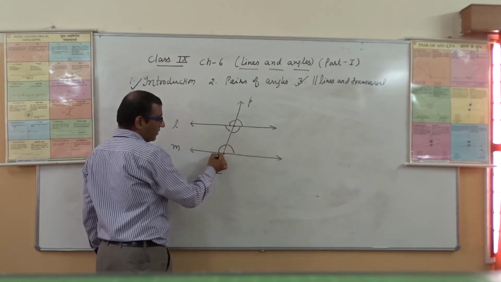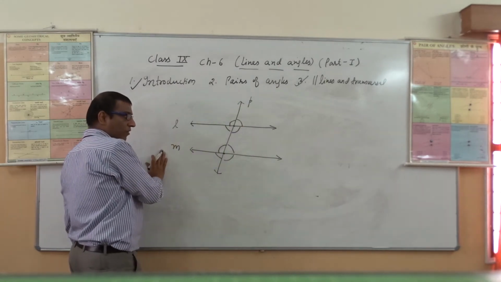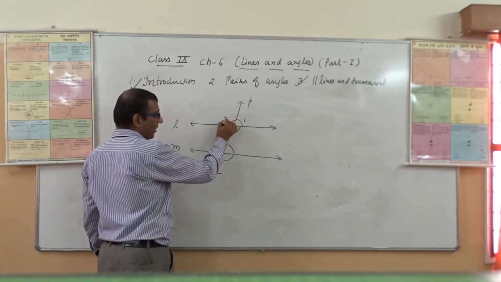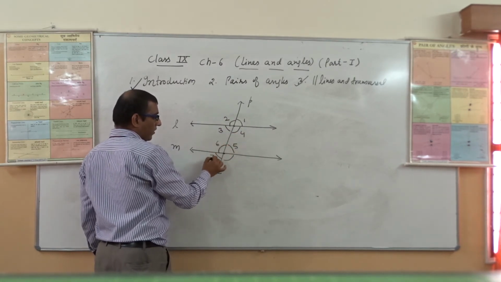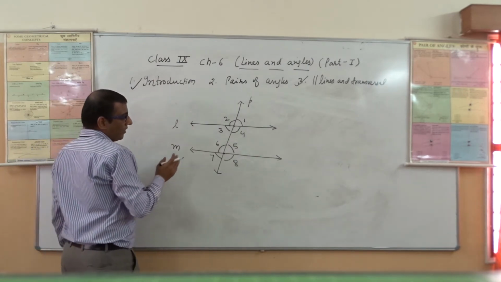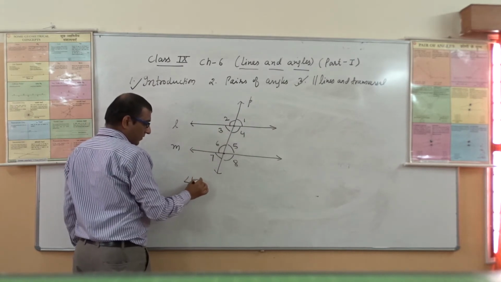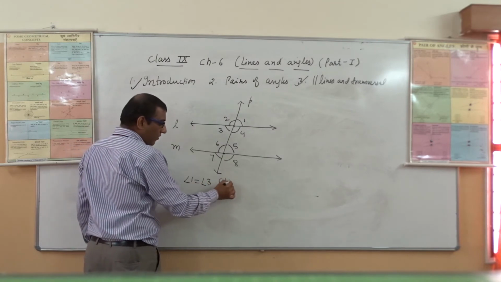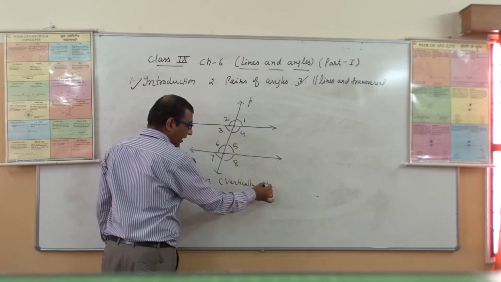As you see here, this transversal line P intersects L and M, which are already parallel, at these 2 points, and we can say this is angle 1, 2, 3, 4, 5, 6, 7 and 8. So we can say angle 1 and angle 3 are equal because they are vertically opposite angles.